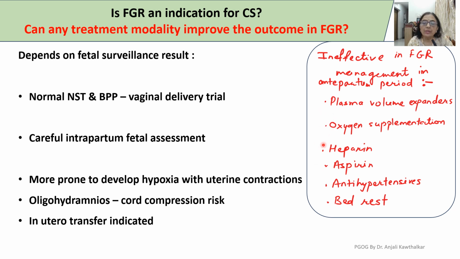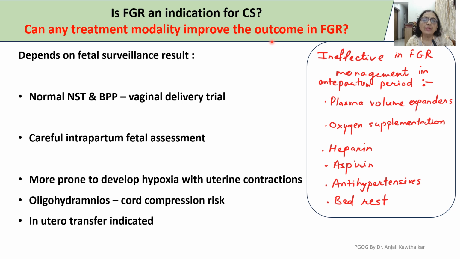All these have been tried. There are so many randomized controlled trials on the use of heparin and aspirin. Aspirin's role is for prevention in high risk cases for preeclampsia. But otherwise, once you diagnose fetal growth restriction and then start aspirin, it is not of any great help. That is why all these treatment modalities are said to be ineffective in management, unfortunately.